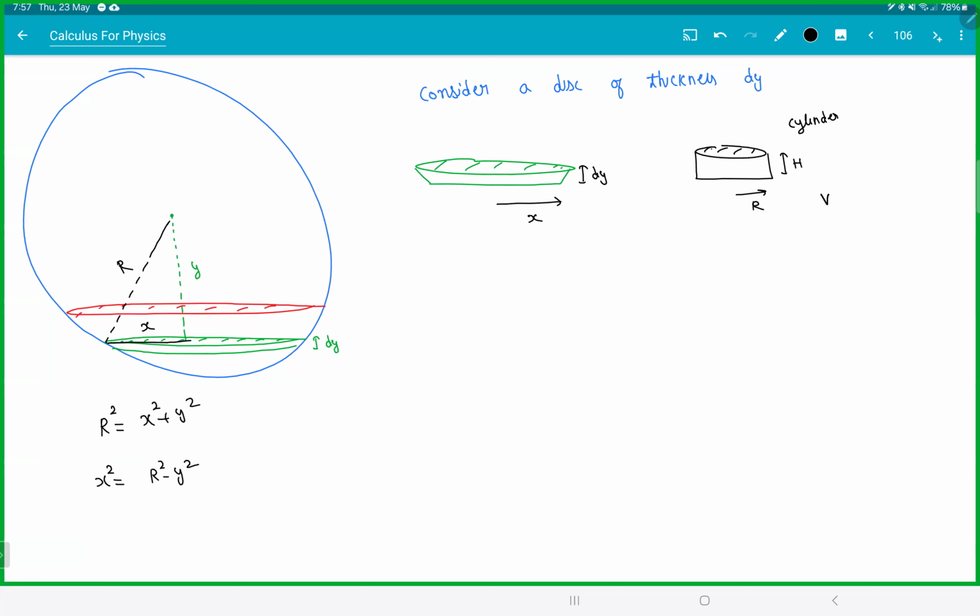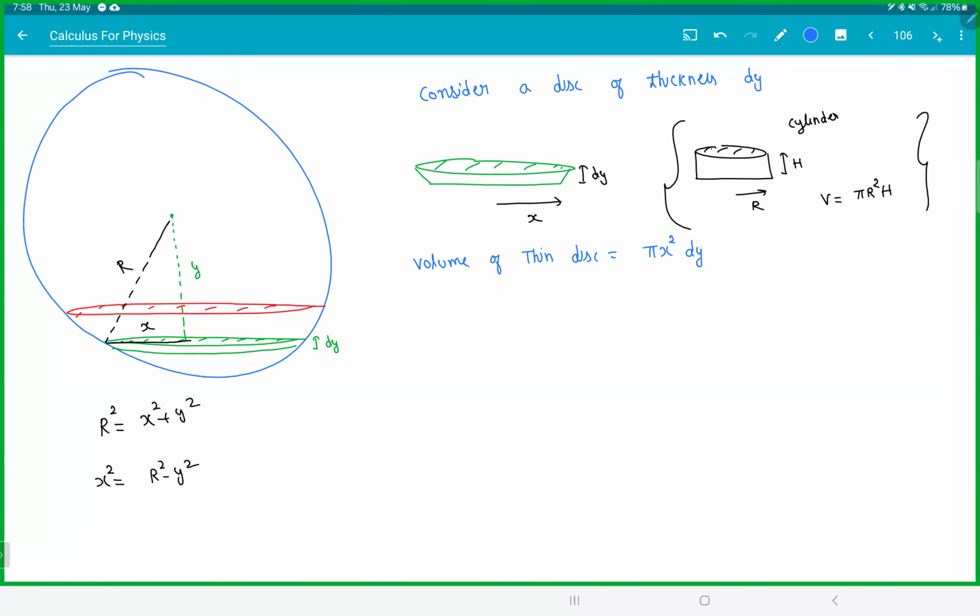What is the volume for a cylinder? Pi r square h, agreed? So I can use the same logic here and say, dV, the volume of this thin disk, is pi into x square into dy.